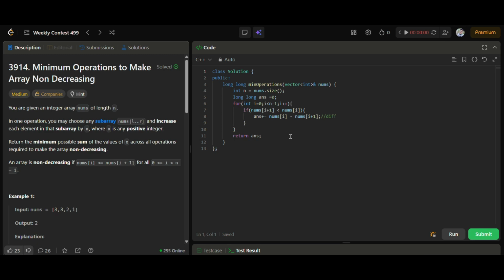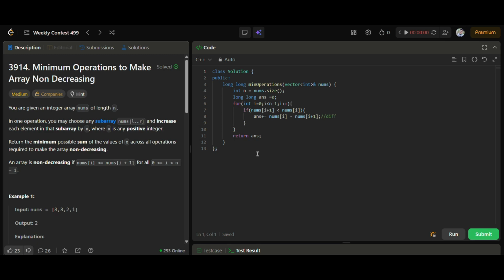Return the minimum possible sum of values x across all operations required to make the array non-decreasing. An array is non-decreasing if nums of i is less than or equal to nums of i plus 1. It means the current element is the same or greater than the previous element.